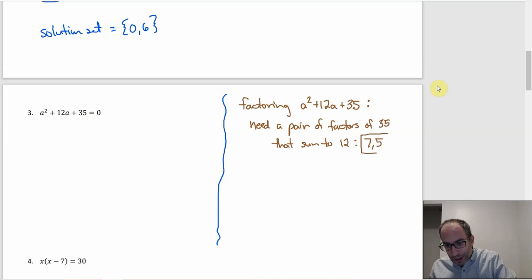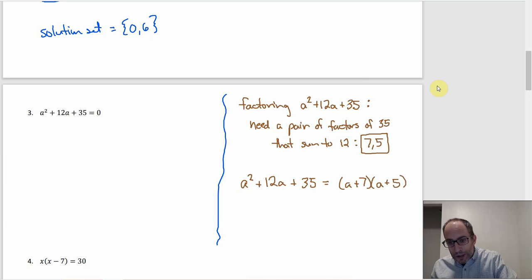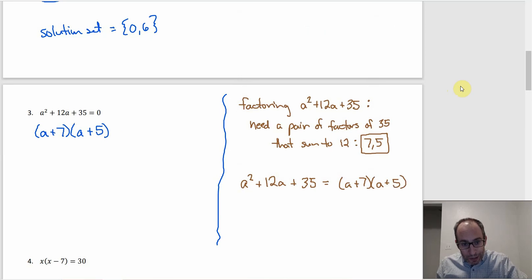We need those. And so that means that a squared plus 12a plus 35, if we're going to factor that, it would be a plus 7 times a plus 5. And then we're going to use this back on the left, because that's how the left side of this equation is going to factor. So we'd have a plus 7 times a plus 5 equals 0.